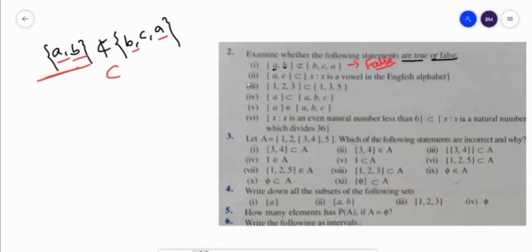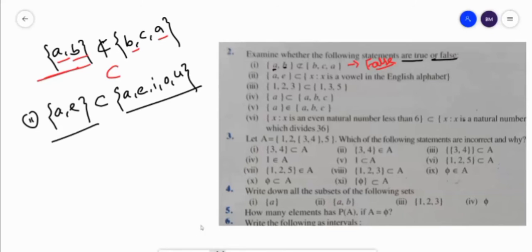Next, number 2, it is given {A, E} is a subset of {X such that X is a vowel of the English alphabet}. That implies in this set A, E, I, O, U, these elements are there.